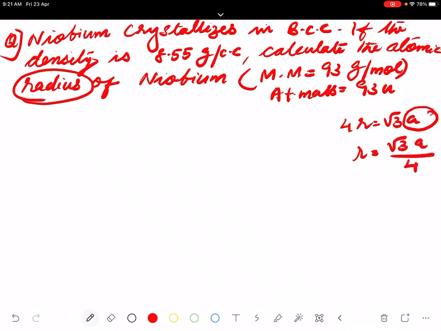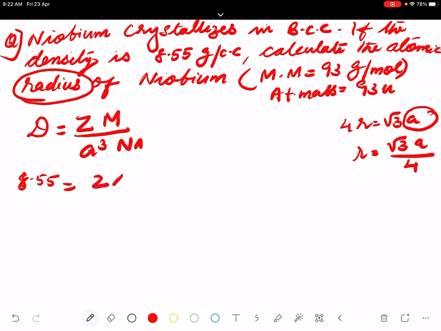So let's first find out a. From the density equation you can find a. Density is equal to Z M upon a cube N A. Z for BCC is 2. So density is 8.55, Z is equal to 2, molar mass is 93, divided by a cube, and N A is 6.022 into 10 to the power 23.